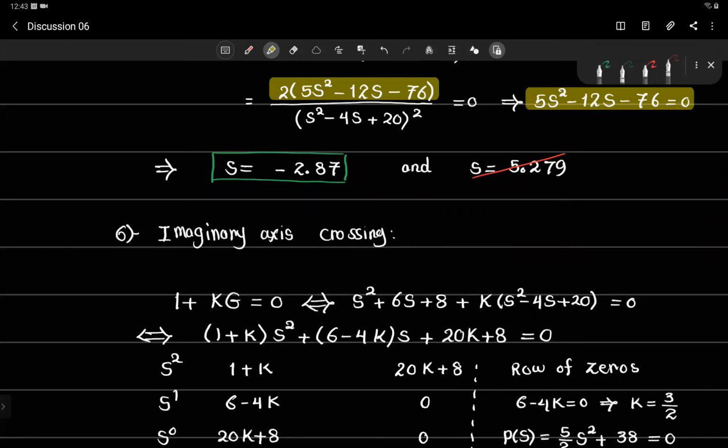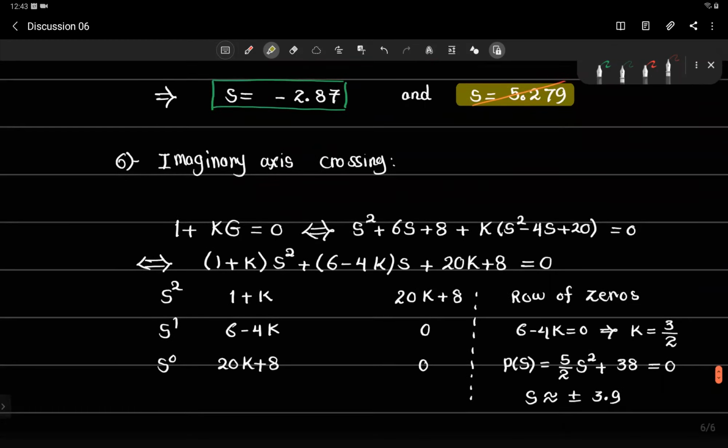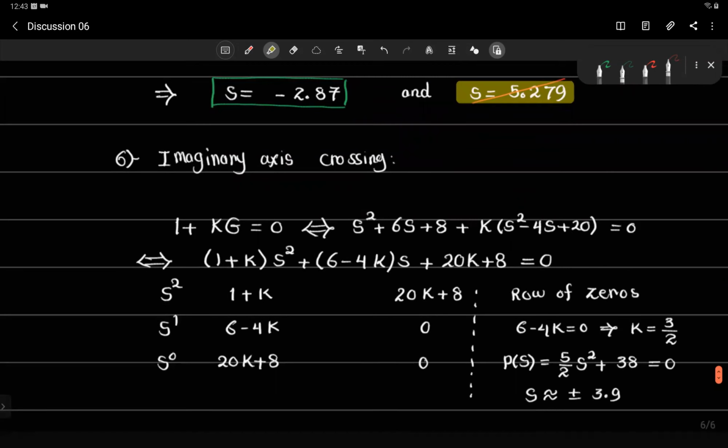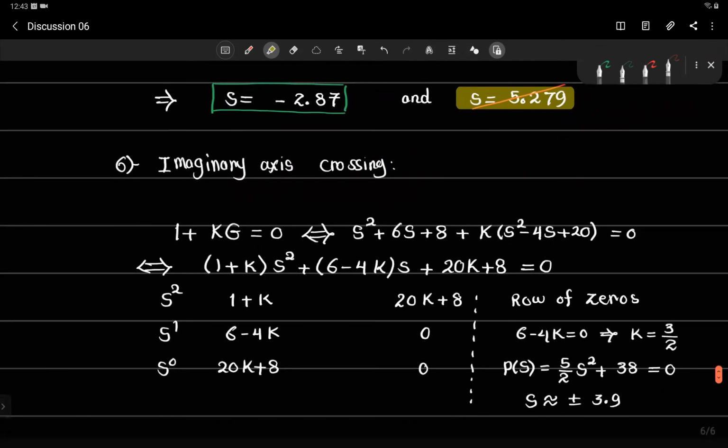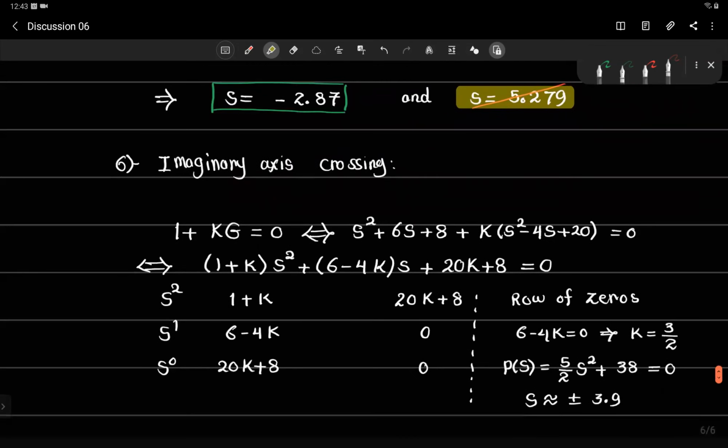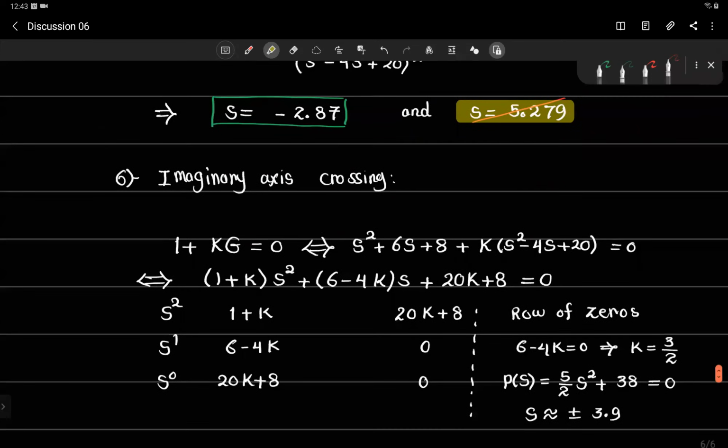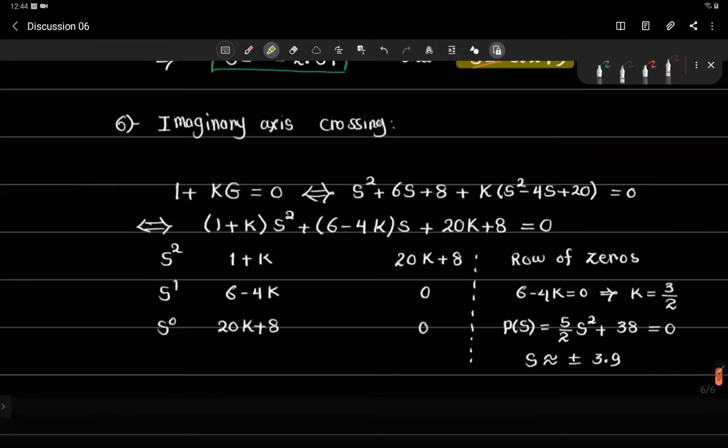If they do not, we neglect them. As we shall see, this one does not belong to the real segment of the root locus, so it does not have any significance. The one that we will use is s equal to negative 2.87.